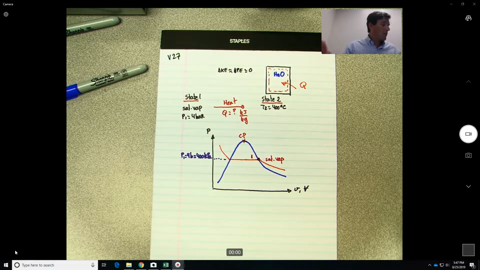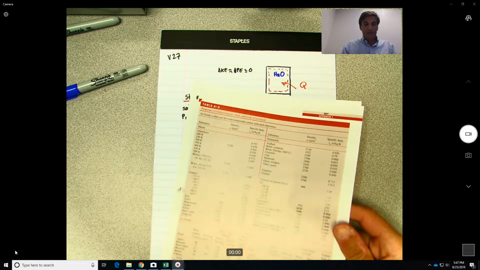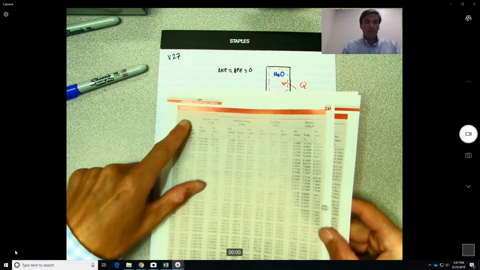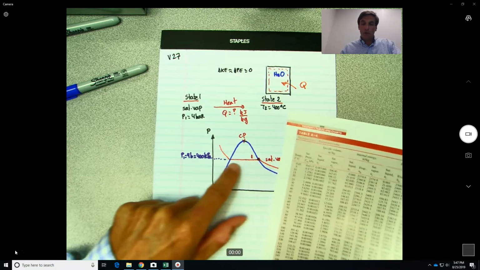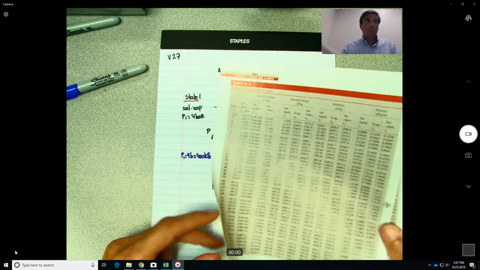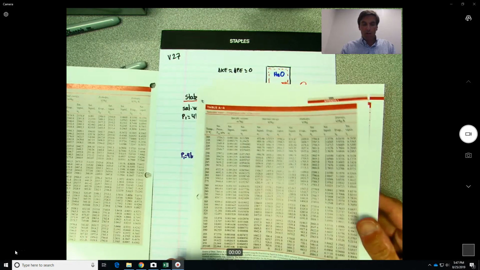All right, so we need to go to those tables. So we know it's water. So let's see. Table A4 is for water, but this is saturated water. It will be whatever happens over here. So we could maybe use that one, but let's see what we have on the other tables.